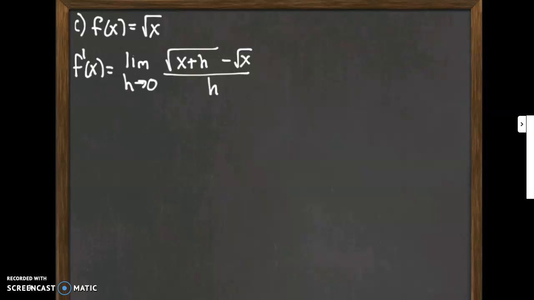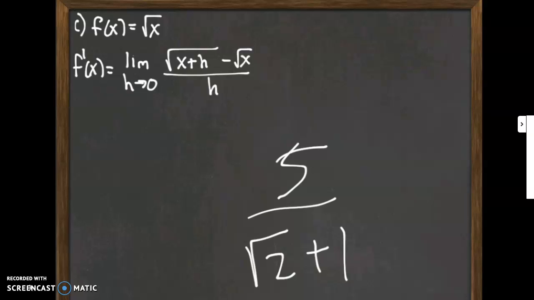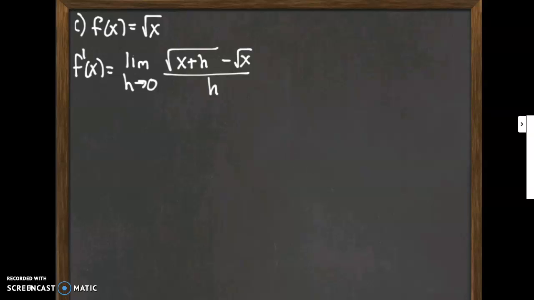The key here is something that you might recall doing with complex numbers when you were dividing them. Maybe you even remember doing it with square roots when you'd have something like 5 over square root of 2 plus 1. You had to do what was called rationalizing the denominator. And so what we're going to actually do here is rationalize the numerator.